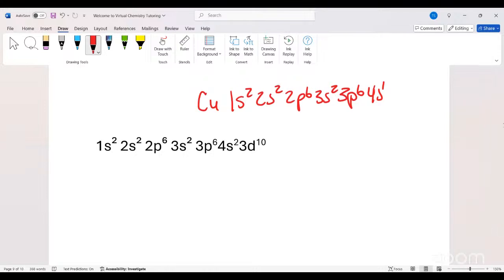Okay, so what we're going to do, because I was getting cut off part of my stuff, 3d10.